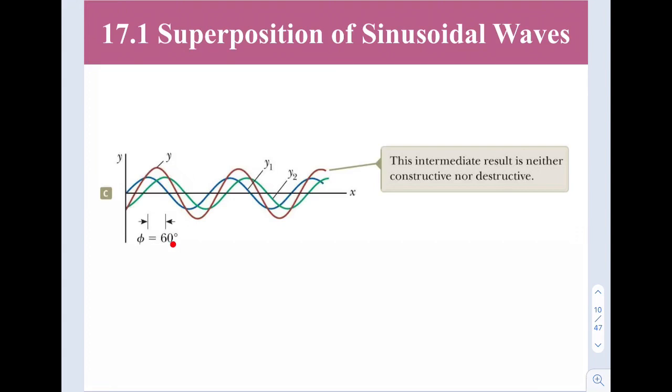What will happen? The combination, the resultant, will be the brown color here. Then you have to do the adding process between y1 and y2, a similar approach to the previous equation that Madam showed to you.